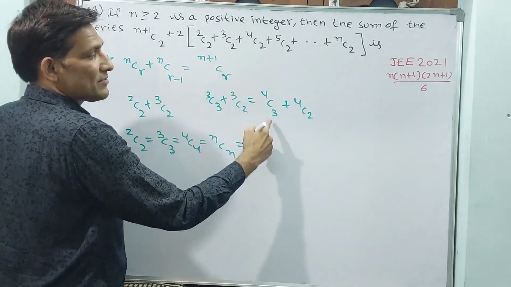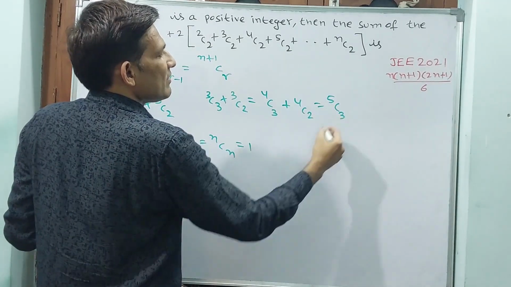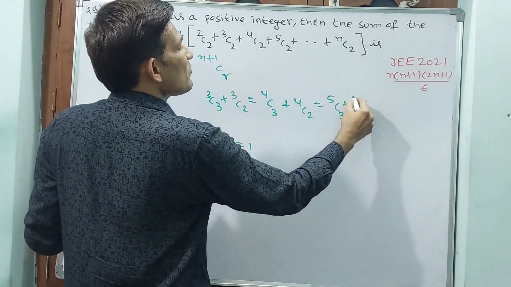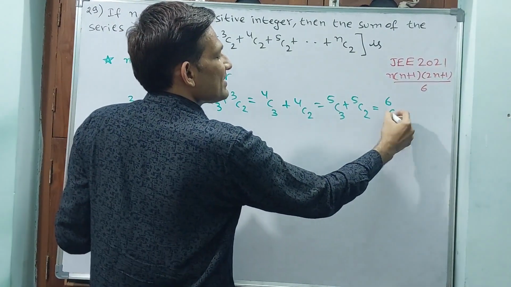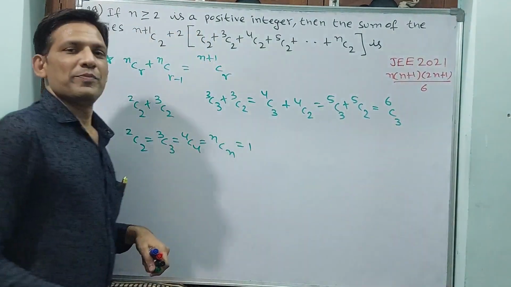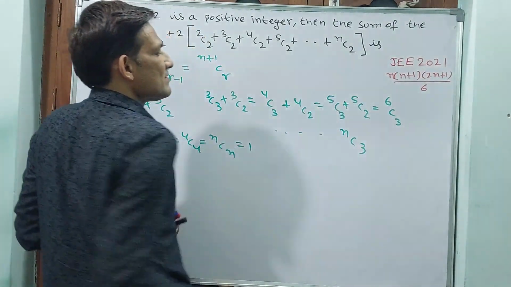If 4C3 comes, then automatically 4C2 follows. Now again n is the same and r minus 1. 5C3; if 5C3 comes, then 5C2. Again n is the same. 6C3. This goes up to where? nC3.